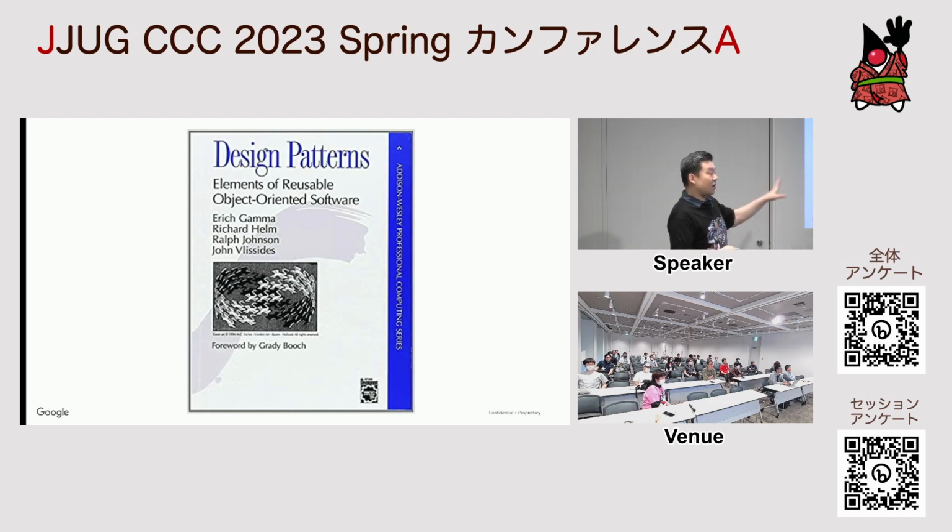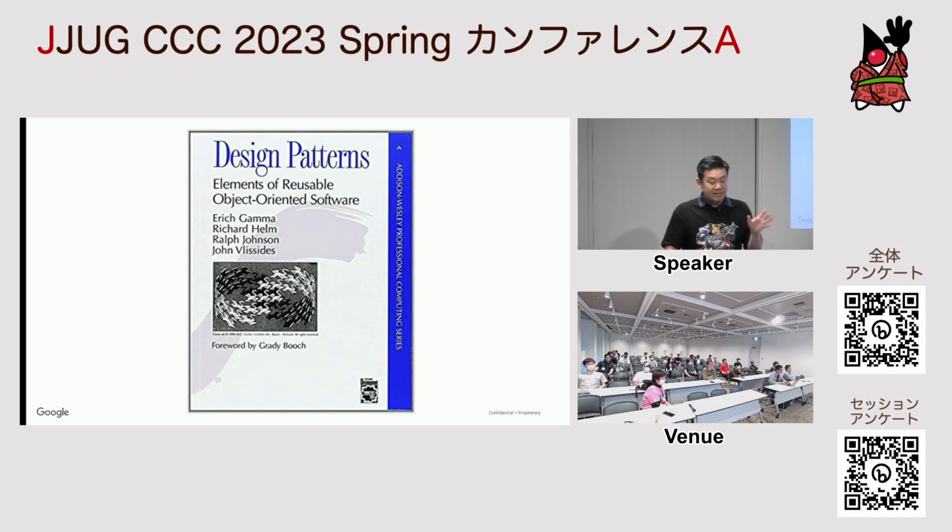And a lot of the content from this book was super useful when it was written, but more than 20 years later, we have different tools, different patterns that we can use with our code. So it's time to revisit how can we implement some of these design patterns.